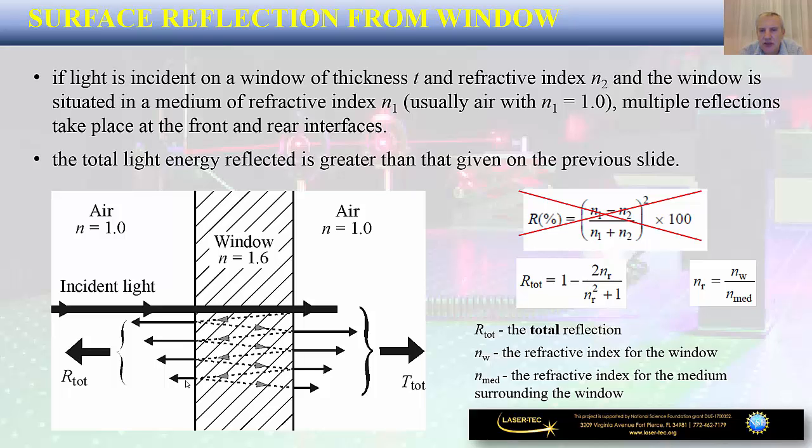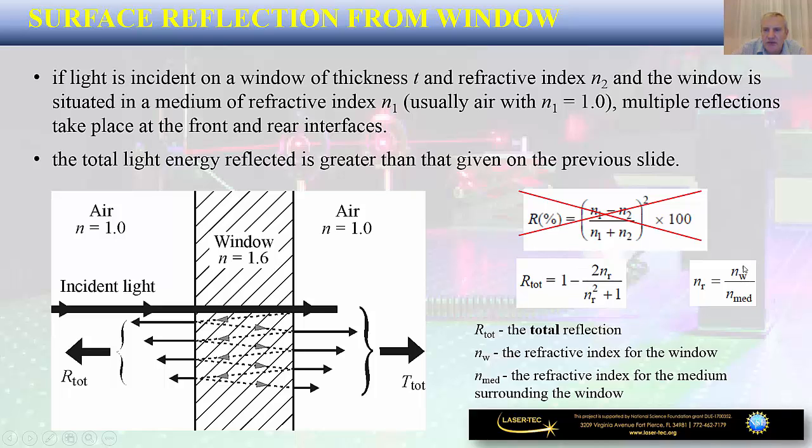that are shown here on this slide. The first thing that you're going to calculate is the quantity n sub r, which is going to be equal to the ratio of the index of refraction of the window and the medium. In our case, the index of refraction of the window is going to be equal to 1.6. And the index of refraction of the medium that surrounds this window, in our case, is going to be air.